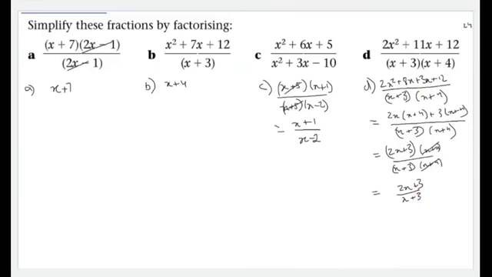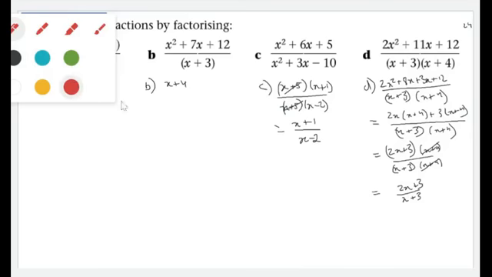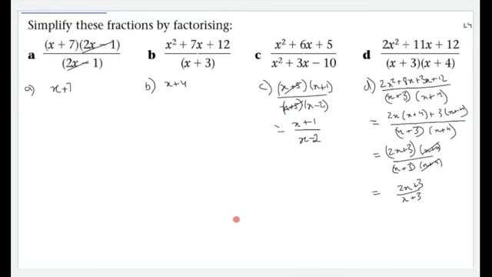Nice. Yeah, you got it. Cool. Yeah, and the top one even recognized straight away x plus 3x plus 4 cancels, and yeah, good stuff.